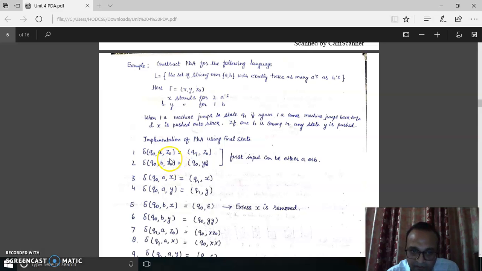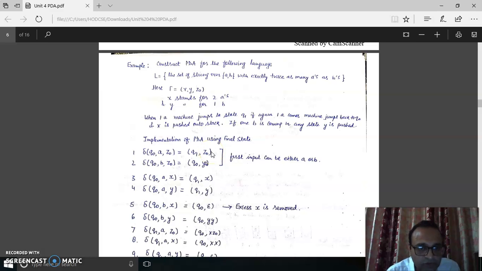When the machine is on Q0 and the stack top symbol is Z0, the machine can read A from the input tape, or it can read B from the input tape. If A is there on the input tape, we are not doing anything. We are simply shifting to another state, that is the Q1 state, and we are doing no operation.